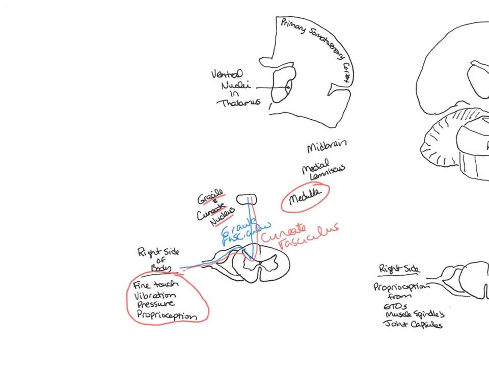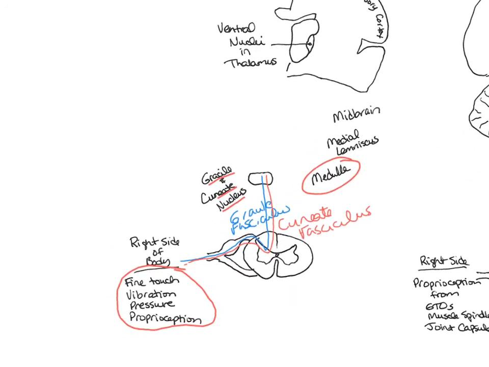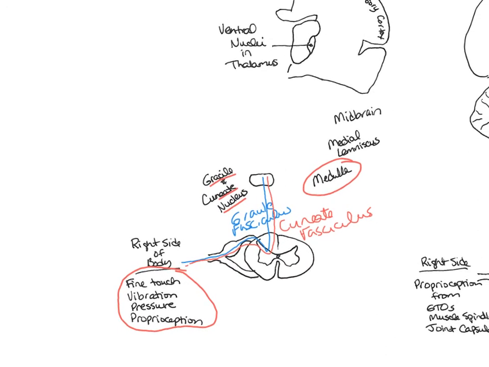So then what happens to them once they hit the gracile and the cuneate nucleus? At that point, that's where they're going to cross over. So we're going to see them crossing over. They both synapse in the nucleus.